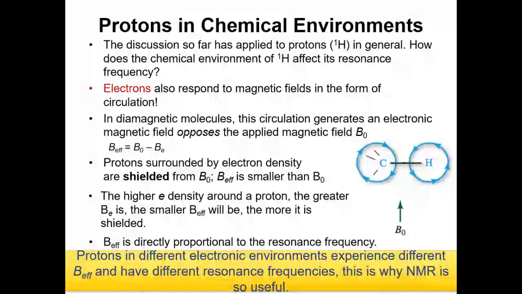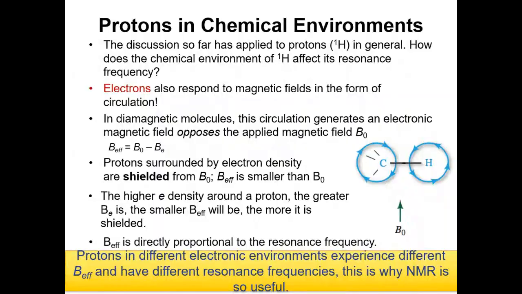Then, in diamagnetic molecules, the circulation of electrons always creates a field that is against the external field. That's why it's diamagnetic. If the magnetic field goes this way, the circulating electrons generate a field against it. That's how you create the slight repulsion force. That's important to keep in mind.